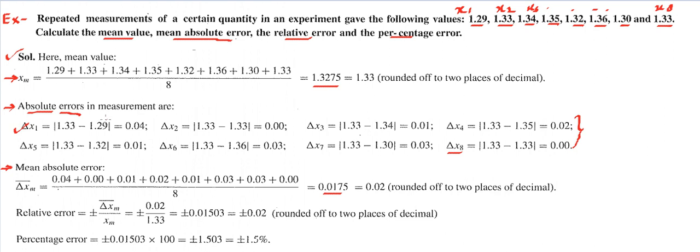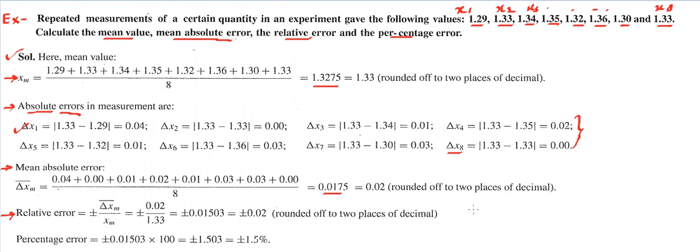By understanding the previous slide, you should be able to understand how this solution is going: how to find the mean value, how to find the absolute errors, then how to come to the mean absolute error. Once you are able to find the mean absolute error and the mean value, then we can find these two quantities, which are relative error and percentage error. Whenever it is asking for the relative error, the formula is here. Relative error is defined as mean absolute error divided by mean value.